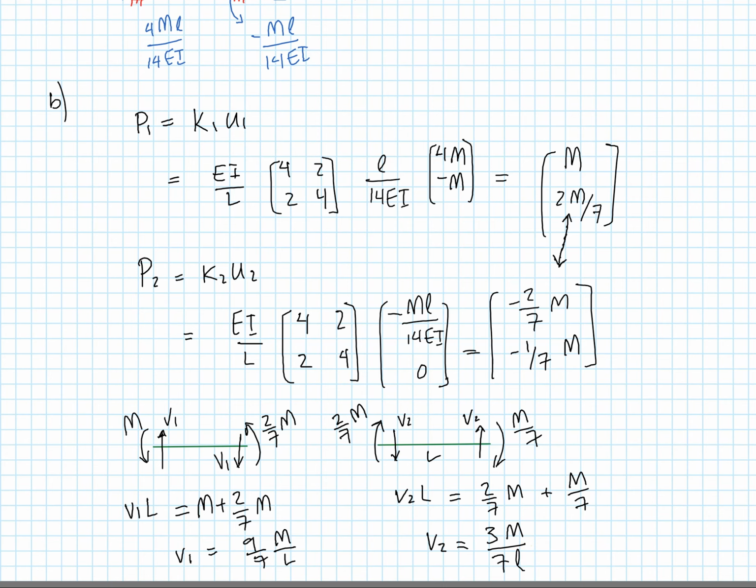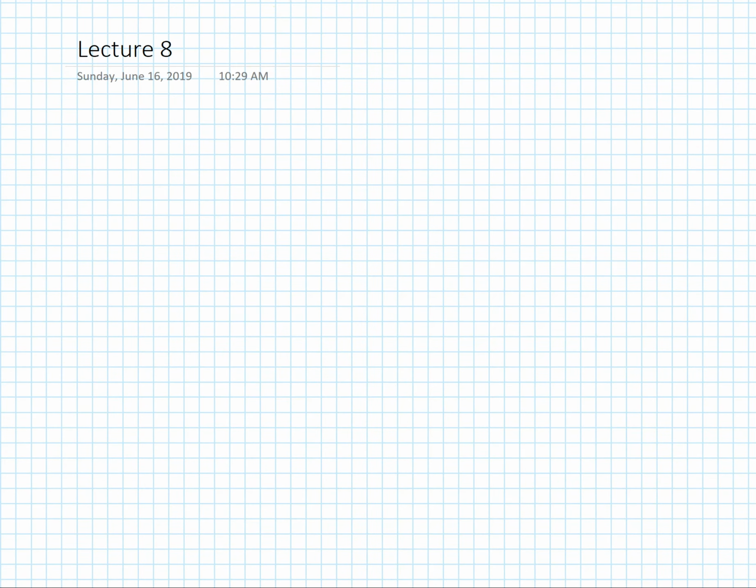And the next thing I want to do is to draw my shear force and bending moment diagrams per the question. So I got the VFD here, and I also have the BMD here. Let's draw the BMD.